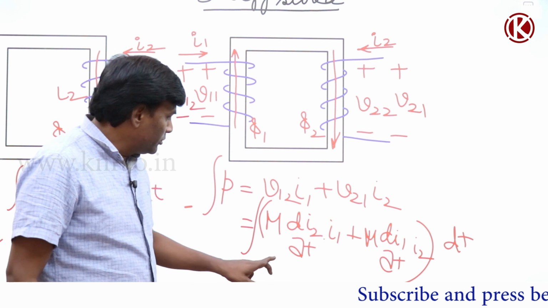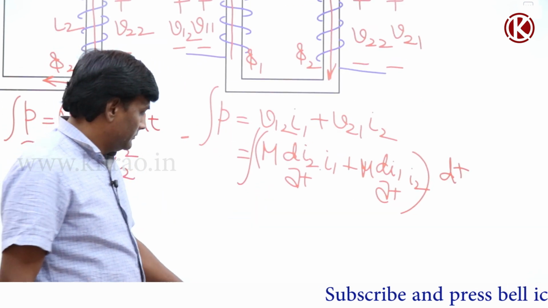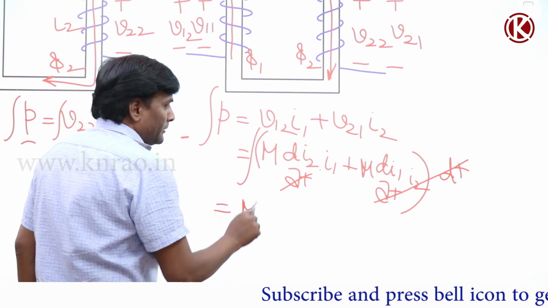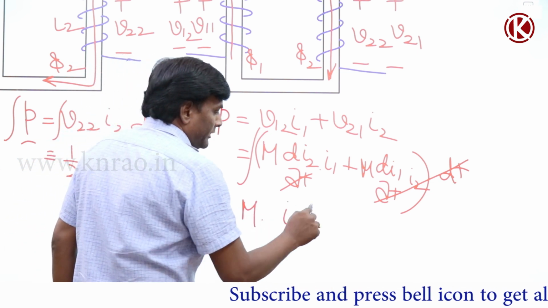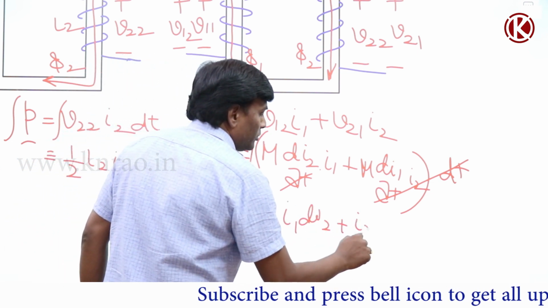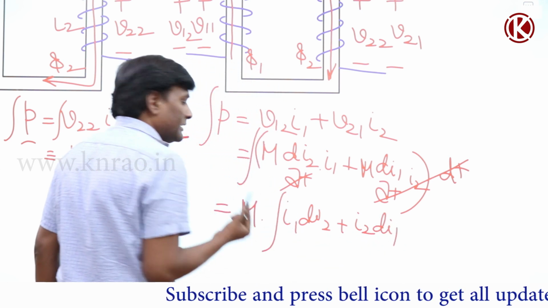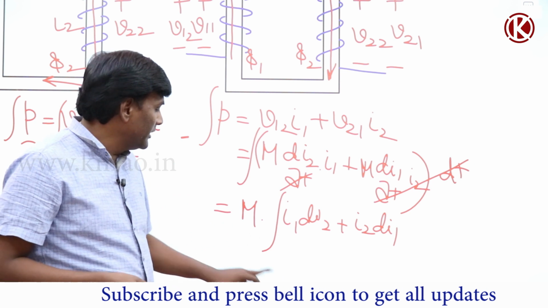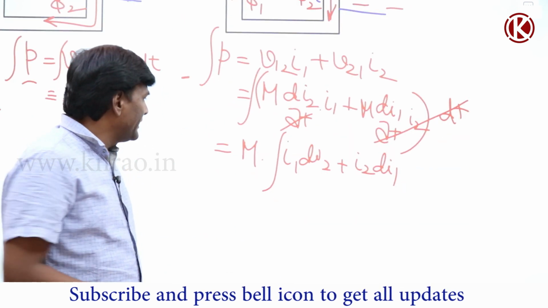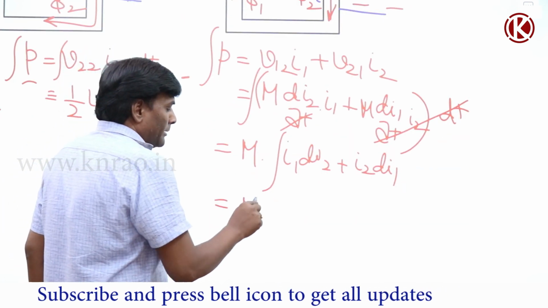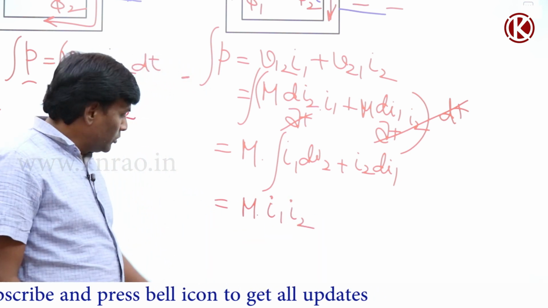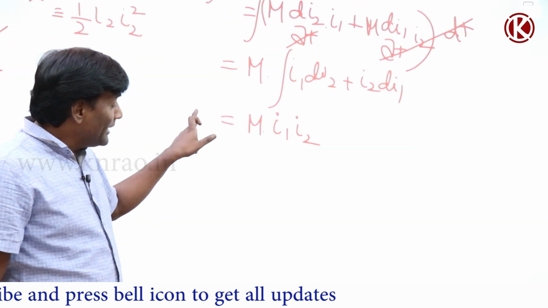So this is going to be the integral of M into I1 di2 plus I2 di1. Already we know the UV formula, the integration formula, so that is going to be M into I1 I2.